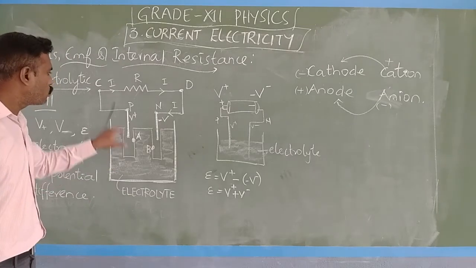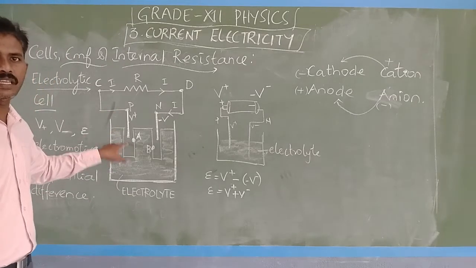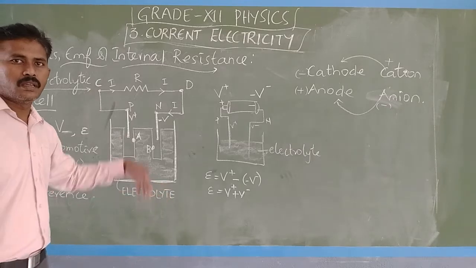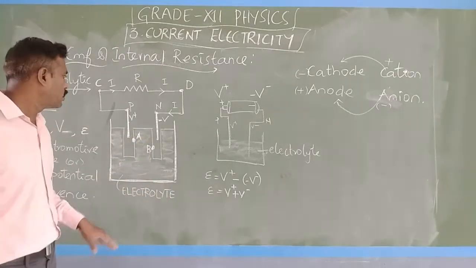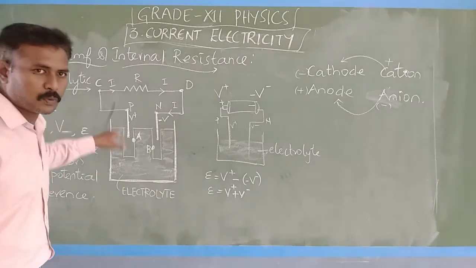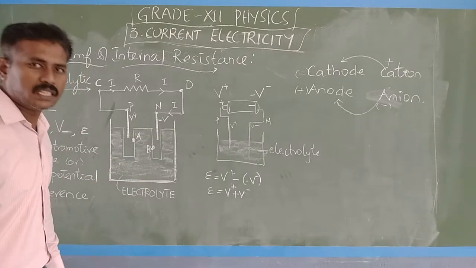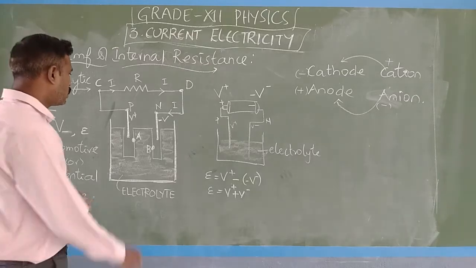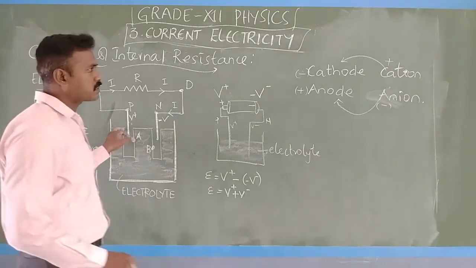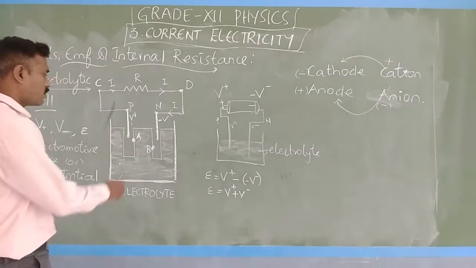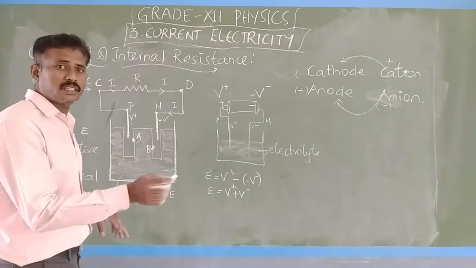Now, when this rod, the positive rod, is immersed into the solution and the negative rod is also put into the solution, this positive terminal will attract the anions, the negative charges.